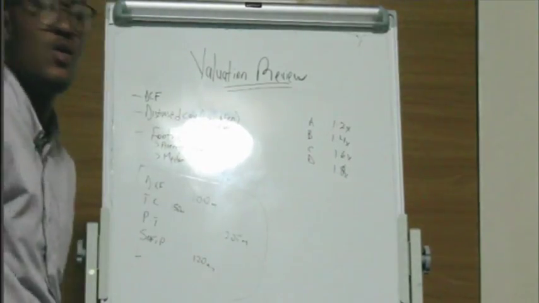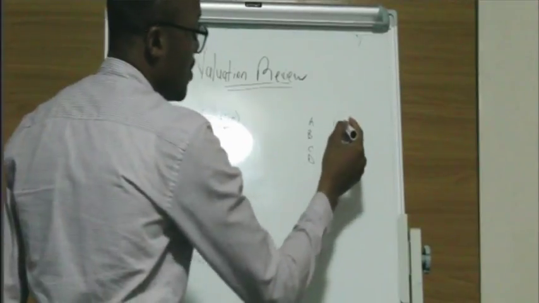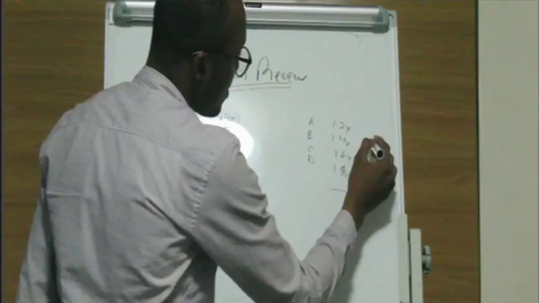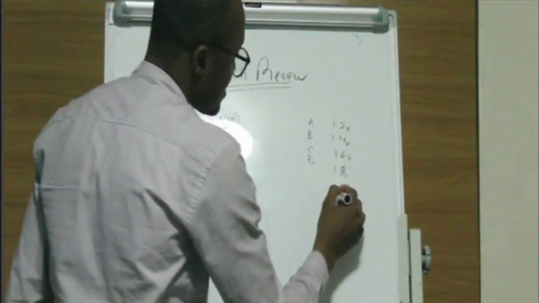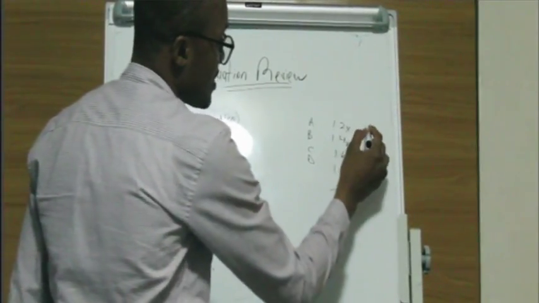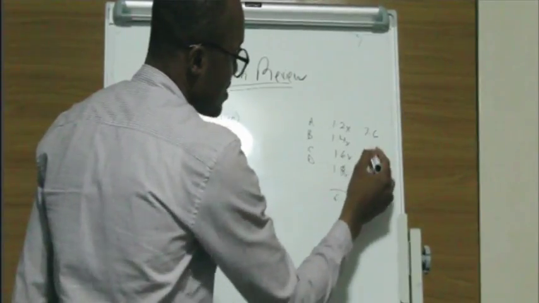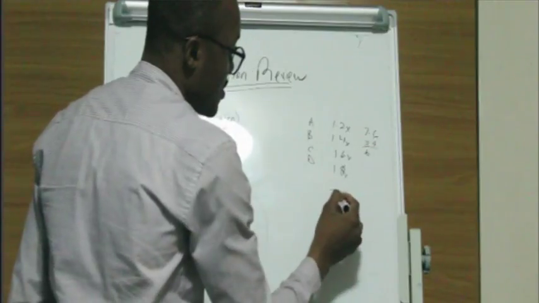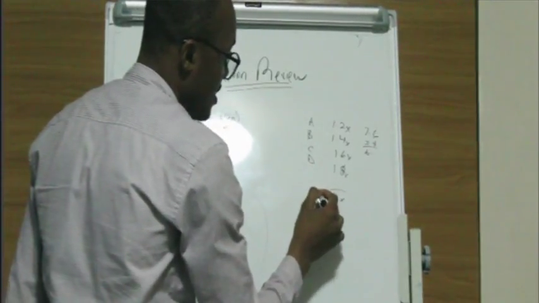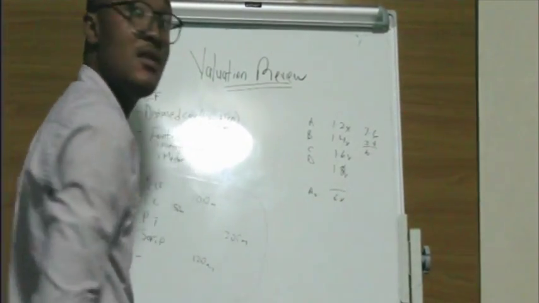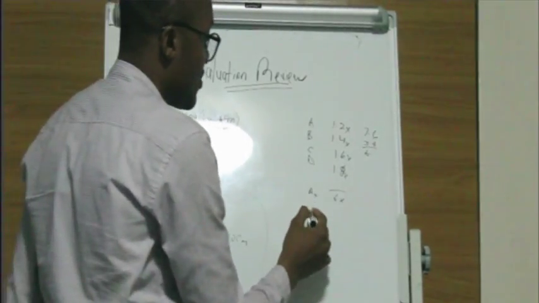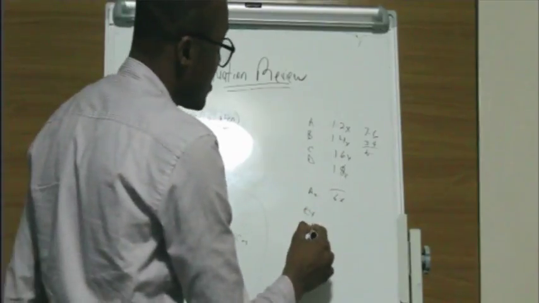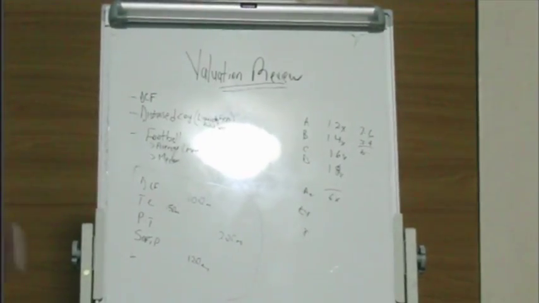What I said was that you find the average. 1.2 plus 1.4 is 2.6, and 1.6 plus 1.8 is 3.4. So that is 6.0. So 6 times, this is the average, and then you apply it to, say, the enterprise value of the private company you want to value, and then you get a figure. This is one way to do it.